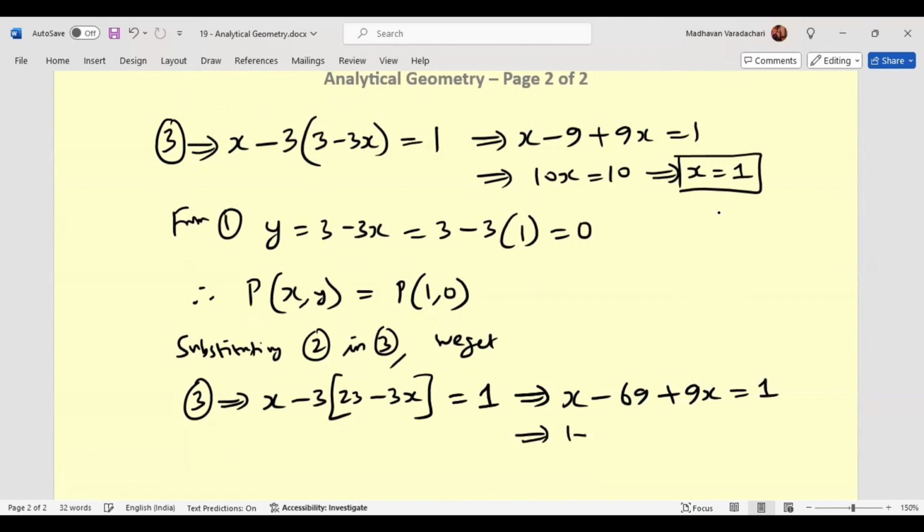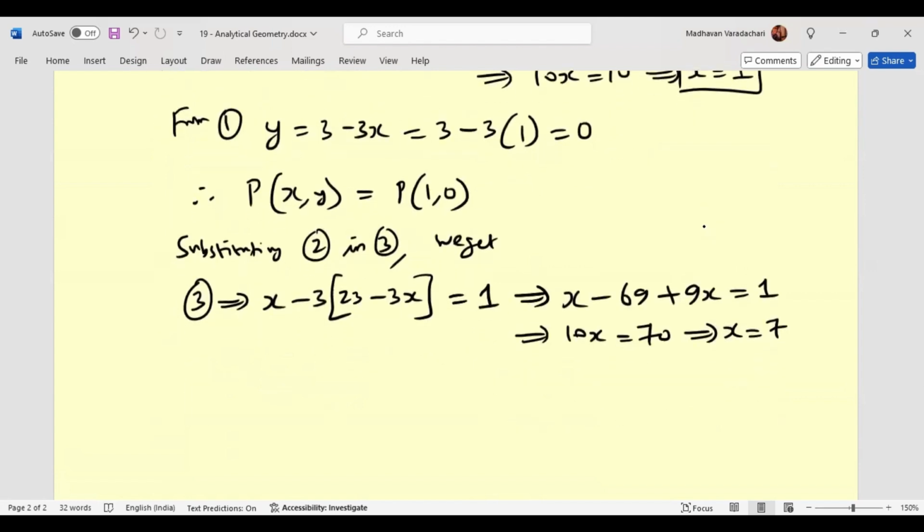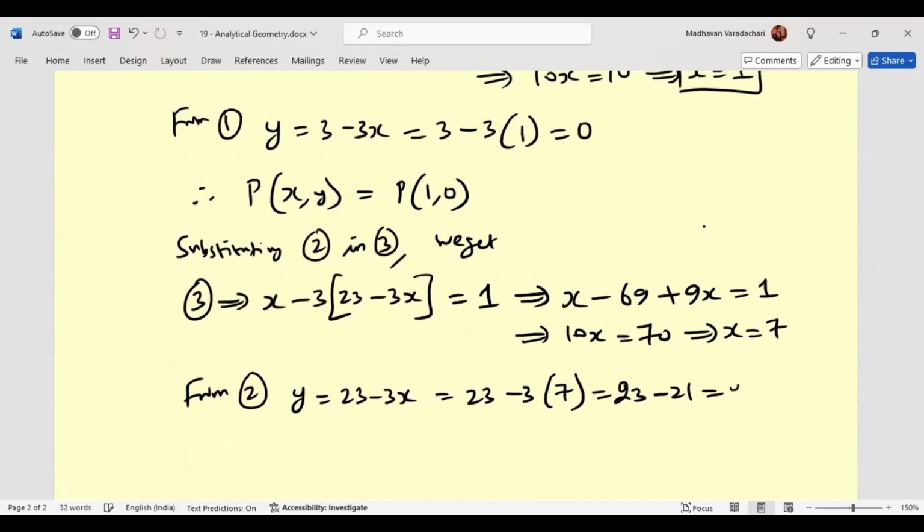That means 10x is equal to 69 plus 1 is 70. That means x is 7. Now that x is 7, so we can now say from 2, y is 23 minus 3x, which is 23 minus 3 times 7, which is 23 minus 21, and that is 2. Therefore, P x comma y will be P 7 comma 2.